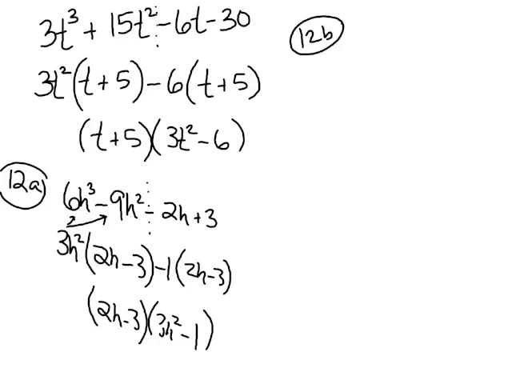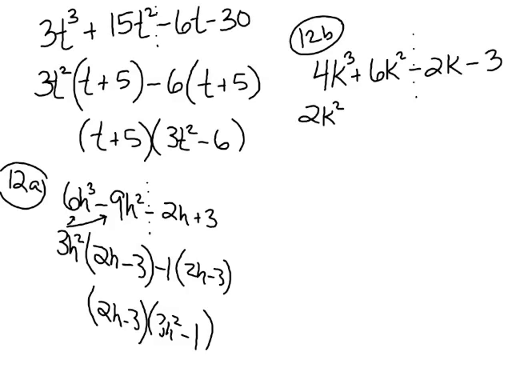Well, B is 4k cubed plus 6k squared minus 2k minus 3. Okay, divided in half. What can I pull out of these terms? 2k squared. Okay, so I want to end up with a 2k and a 3 somehow.